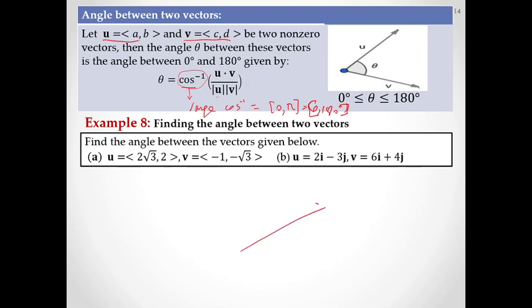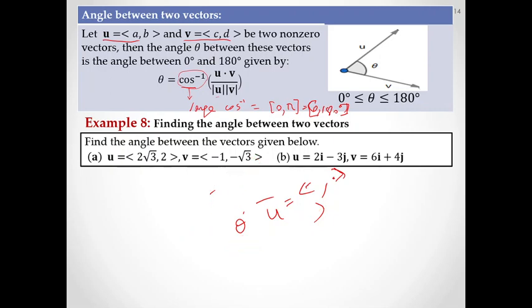So the question is, if you have u and you have v, what is the angle between them? We know the components of u and the components of v. So there are some numbers here and some numbers there, and how can we get the angle?